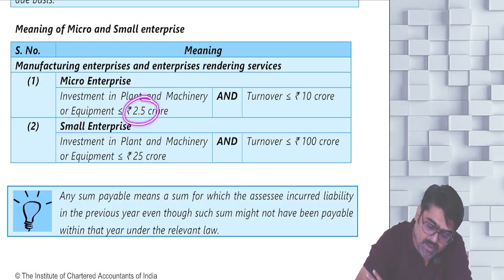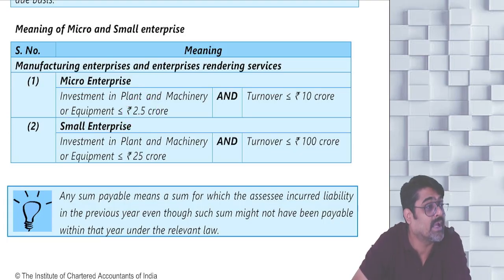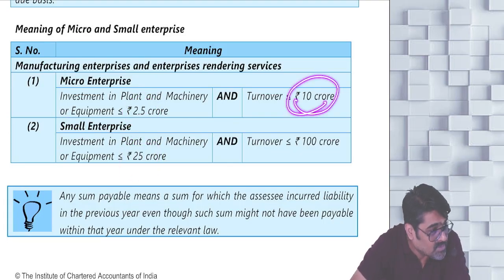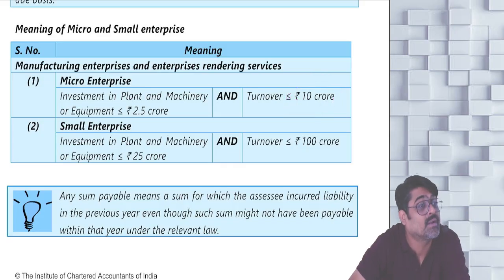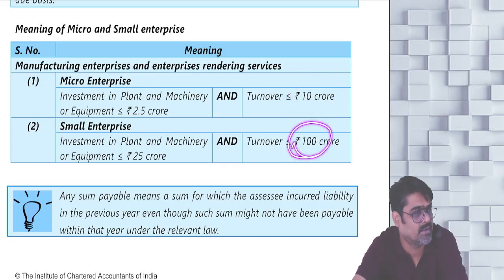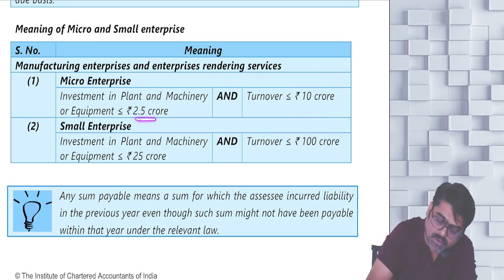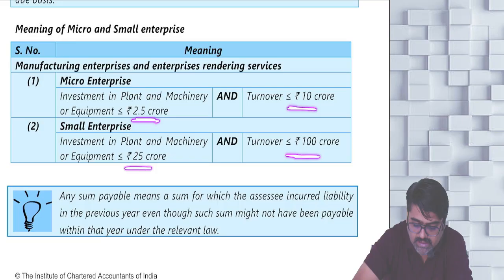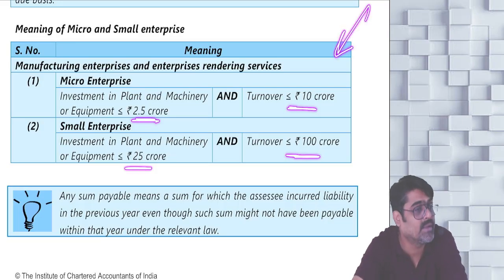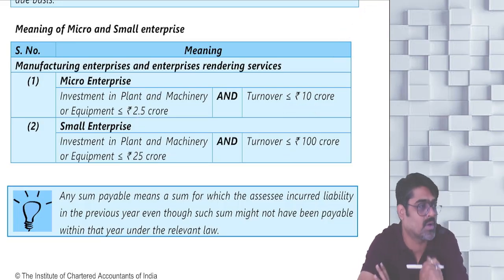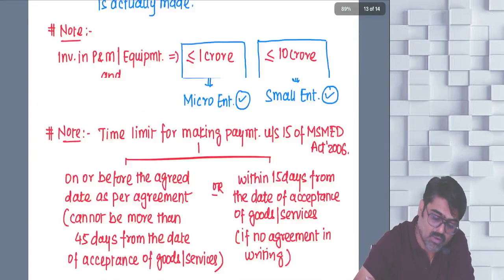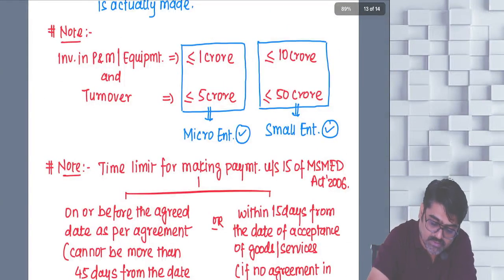So 1 has become 2.5, 10 has become 25, 5 has become 10, and 50 has become 100. 2.5, 25, 10 and 100. This amendment has been introduced from this year onwards. Yes or no?